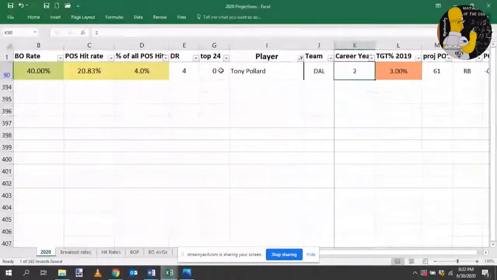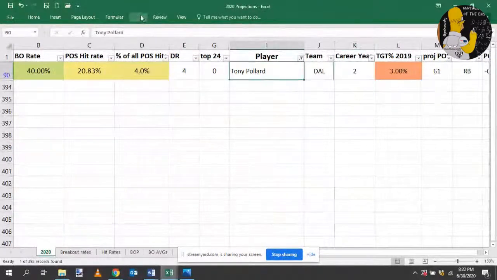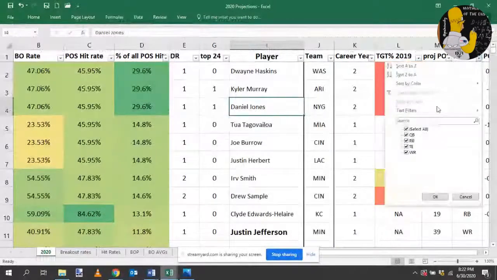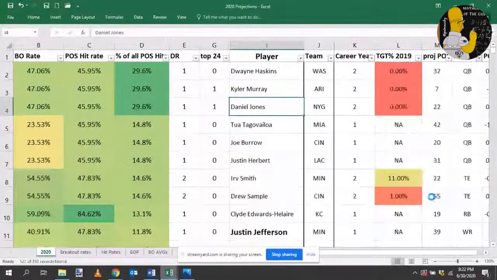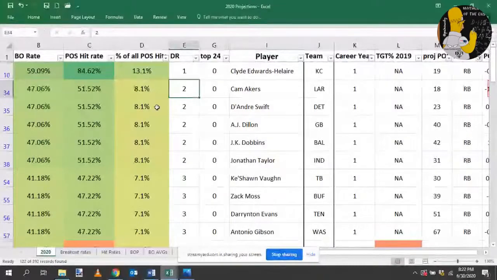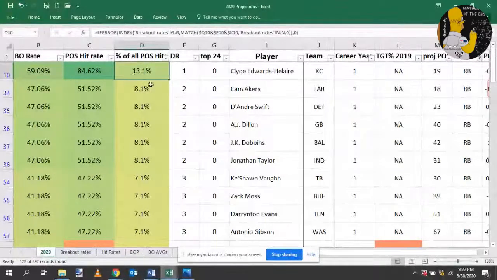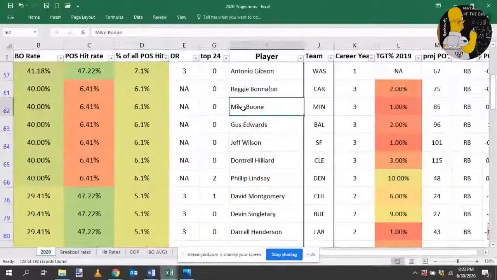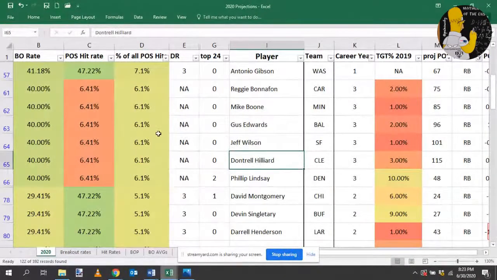So he falls below some of those players we're looking at, about Singletary and everyone else. But I do think he's in an interesting range of breakout candidates once you consider that the most common breakout is only 13%. And then we have several players in these 6% categories.